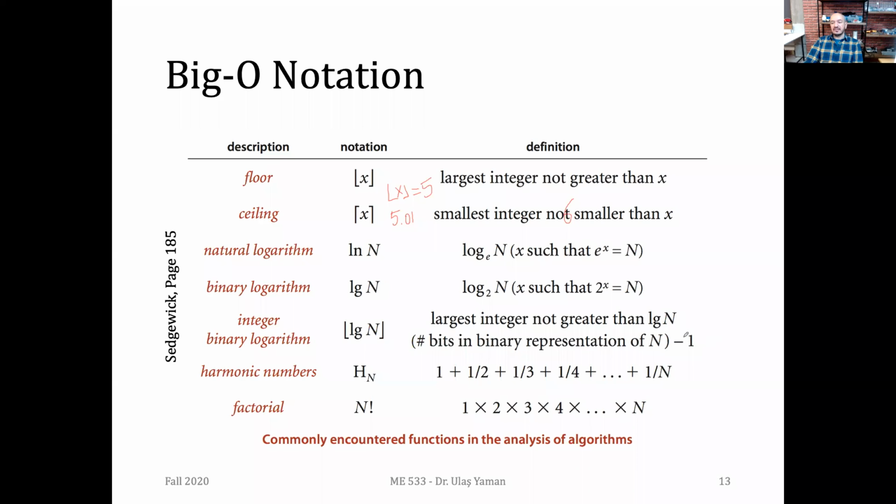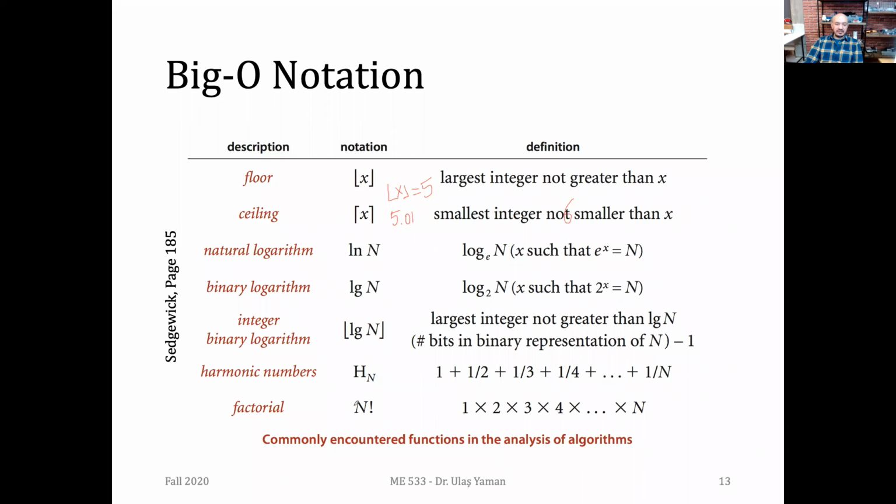So once you get it, you can add 1 and get the number of bits required to represent this number in binary form. Then we have two more, the harmonic numbers, Hn. If you see that, then this is the expression it's referring to. It's summing these rational numbers, and at the end, you should have the last term as 1 over n.